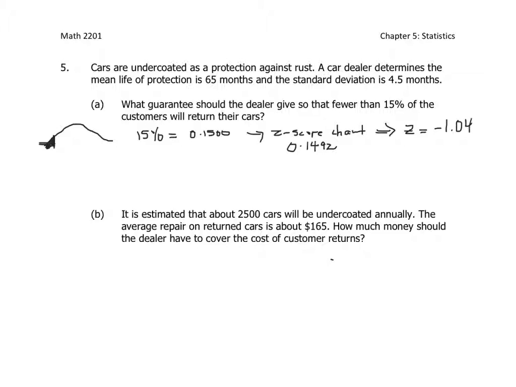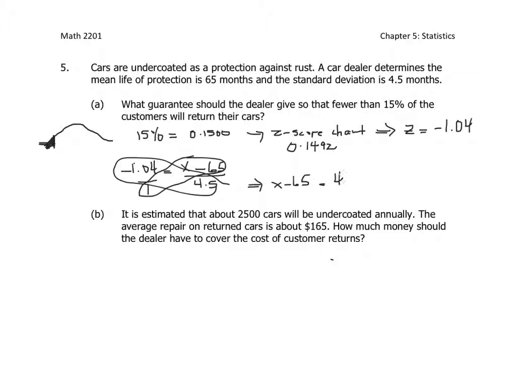So if we use our formula, negative 1.04 equals, we don't know what the data is, but we do know that the mean is 65 months and the standard deviation is 4.5. So if we cross multiply that, we get x minus 65 equals 4.5 times negative 1.04, which is negative 4.68.